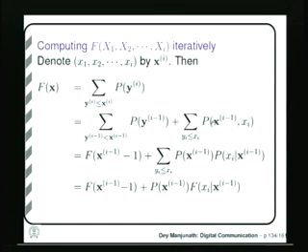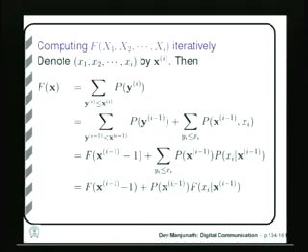Now this can be written in terms of conditional probability, y_i given x^(i-1). So it is the probability that the ith symbol is less than or equal to x_i, given that you have received i minus 1 symbols. Now this can be taken out because it is independent of y_i. So this comes outside, and this probability is the conditional cumulative distribution function evaluated at x_i. So we get this.